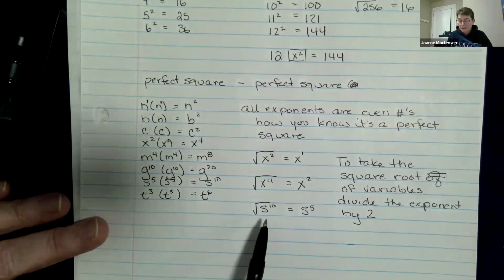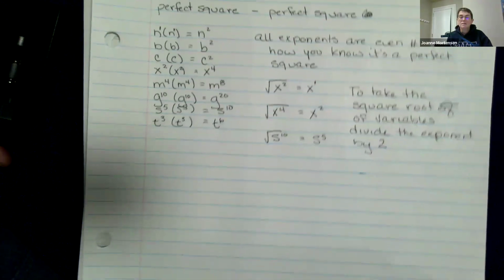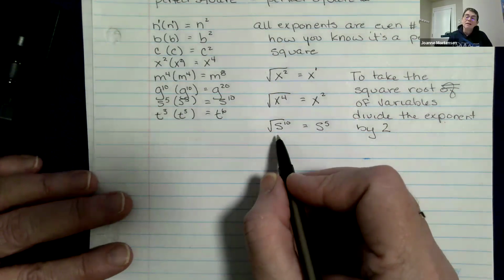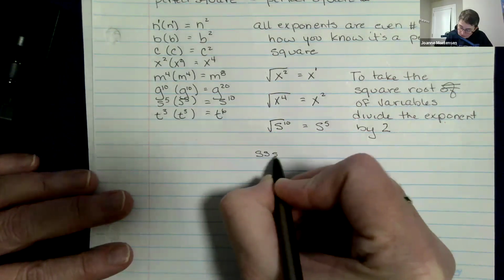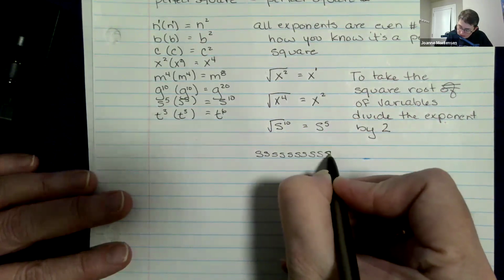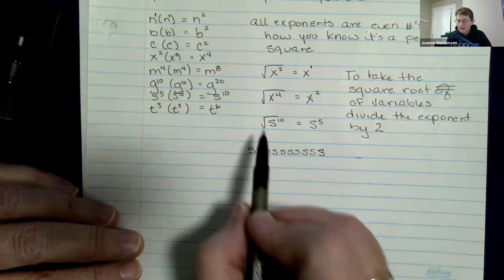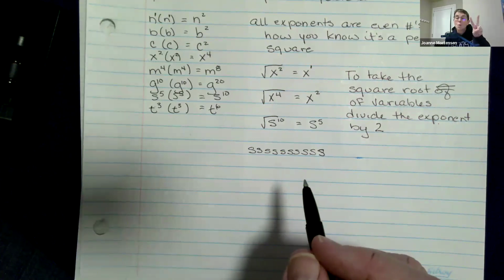Remember when we did square roots, the deal was you tree it out. Now, I can't really tree out s to the 10 other than going 1, 2, 3, up to 9, 10, right? Because that's what s to the 10 stands for. It's 10 s's there. If you're doing a square root, you circle sets of 2.